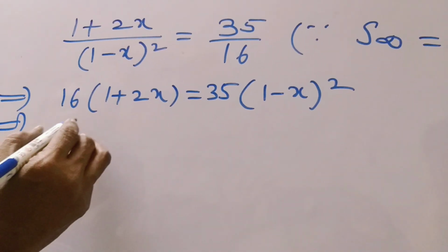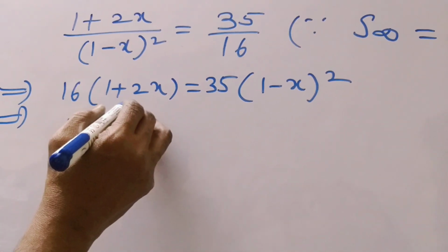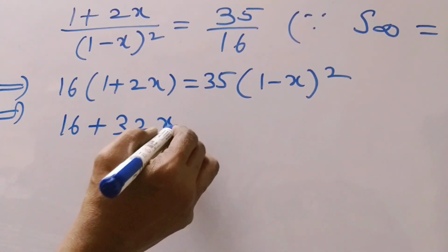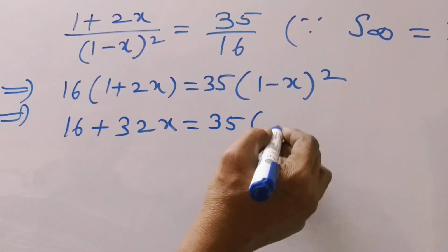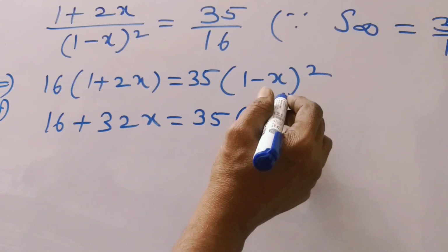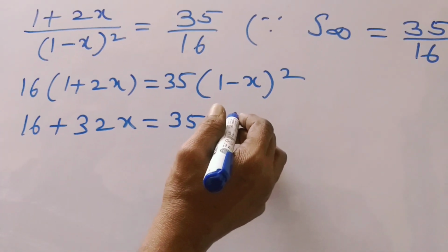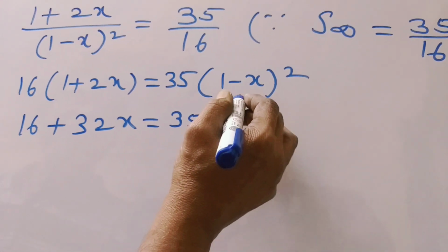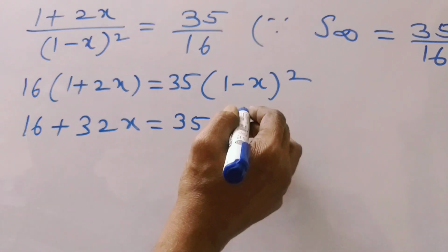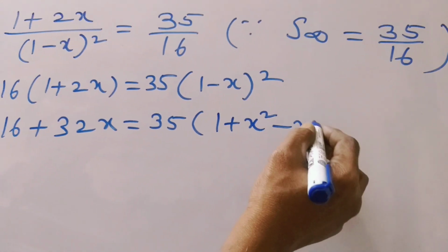It becomes 16 into 1, 16, plus 16 into 2 is 32x, is equal to 35 of (1 minus x) square. Here it is (a minus b) whole square, which is a square minus 2ab plus b square. So (1 minus x) whole square becomes 1 plus x square minus 2x.